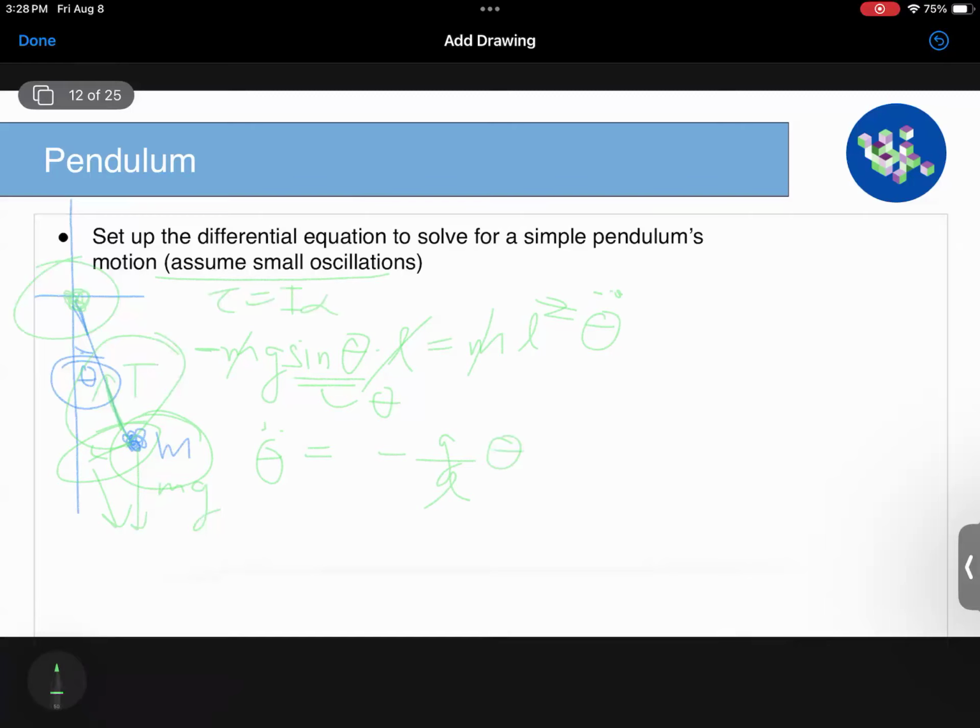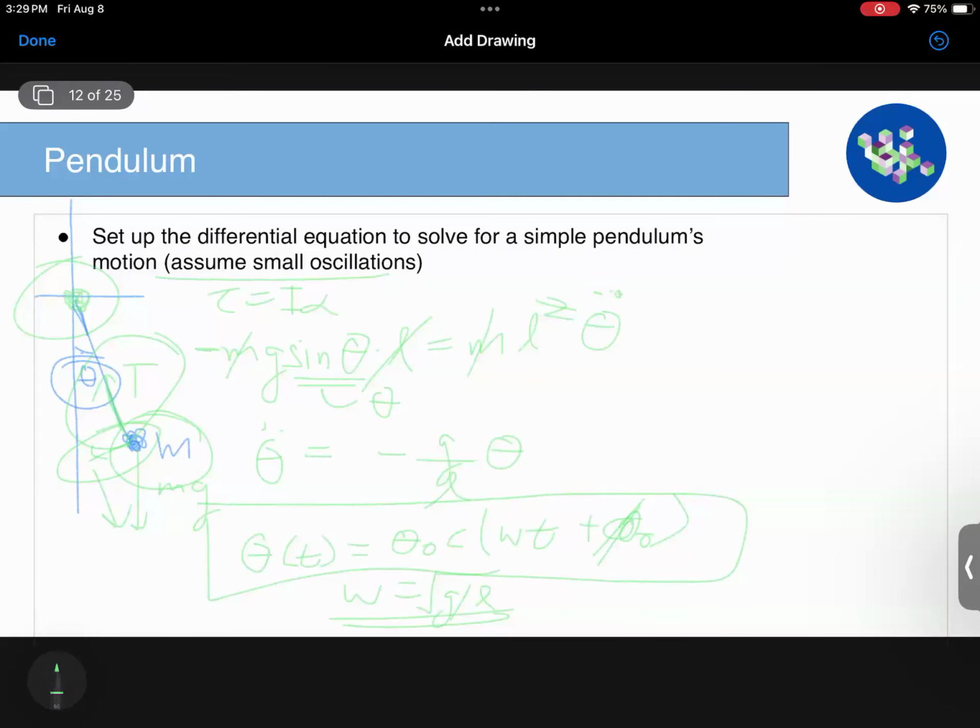And our solution will just be theta as a function of time equals the initial angle theta zero times cosine of omega t plus some arbitrary constant, like an initial phase angle phi zero, where I'll let omega equal the square root of g over L. That's our solution for theta. You've definitely seen omega equals square root g over L before; it's pretty well known.